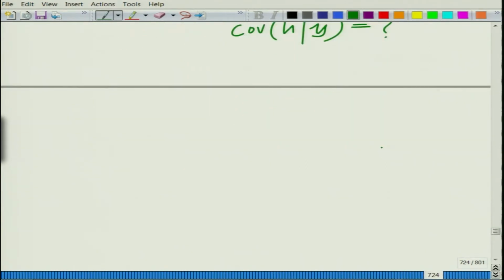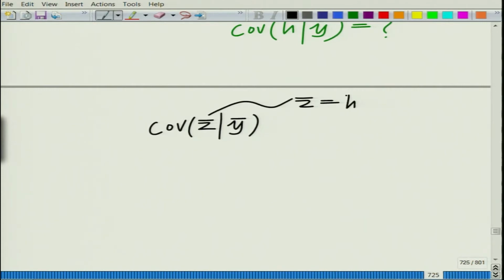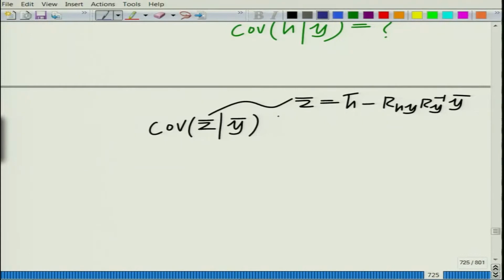To do that, let us start once again with the covariance of z bar given y bar, where you remember z bar is something we had defined as h bar minus R_HY into R_Y inverse into y bar. We had constructed this vector z bar to aid us in this derivation. So z bar equals h bar minus R_HY R_Y inverse y bar. Now, what is the covariance of this?